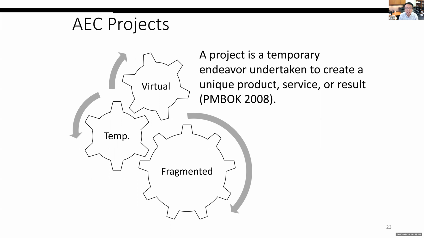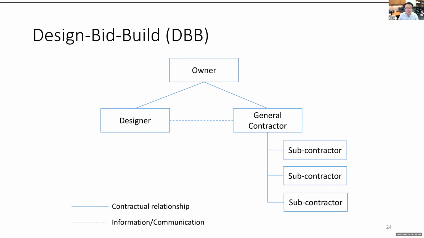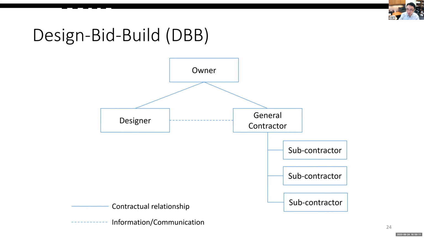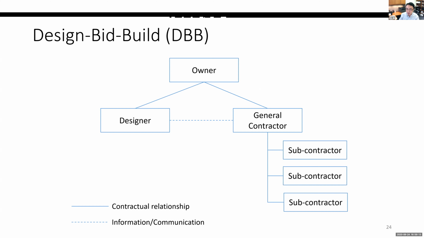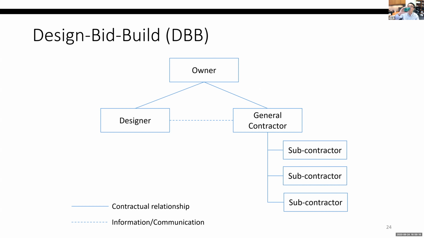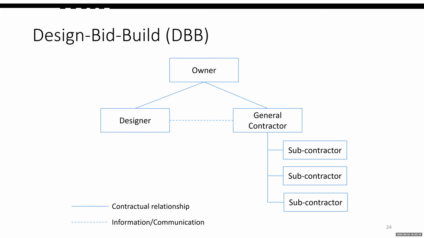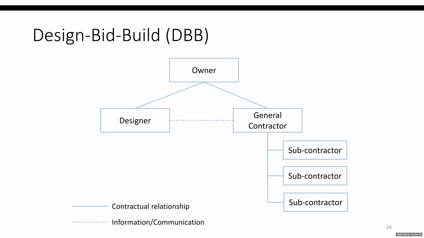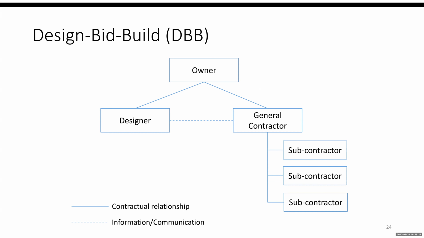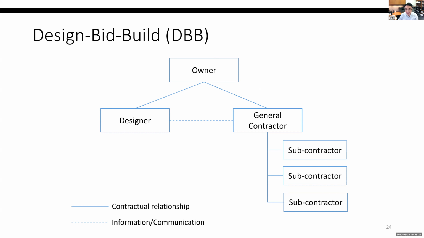So what is the way construction does the integration? This is called a project delivery system. Okay, let me show you this. This is called design-bid-build. Can anybody tell me what this figure is showing? Owner has two separate contracts, with the contractor and then a separate contract with the designer or engineer. Exactly.